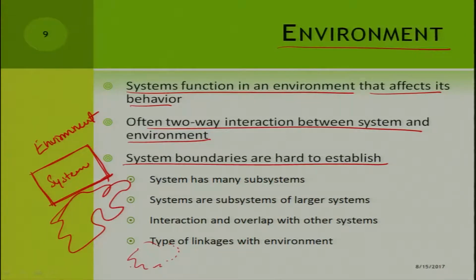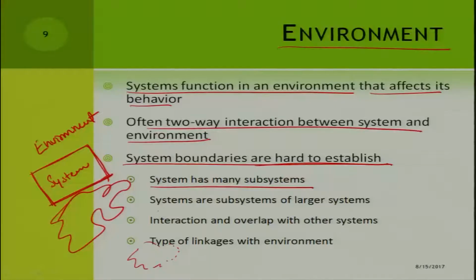So the boundary of a system is very hard to establish, because a system typically has many subsystems. As we remember from the earlier lecture, a factory can have multiple production lines inside it. So there are always many subsystems in there. A factory will have a heating and cooling system, a material movement system and an overhead crane system.